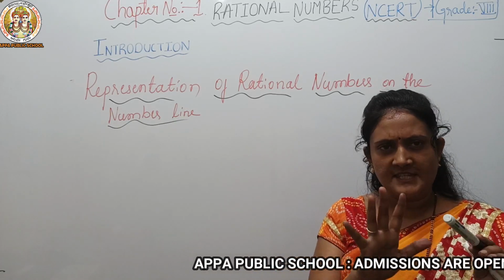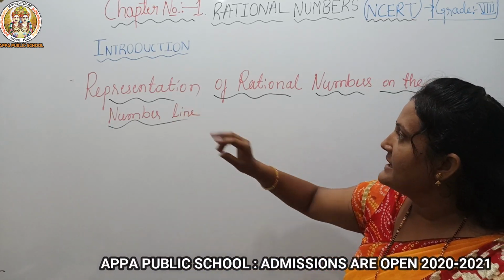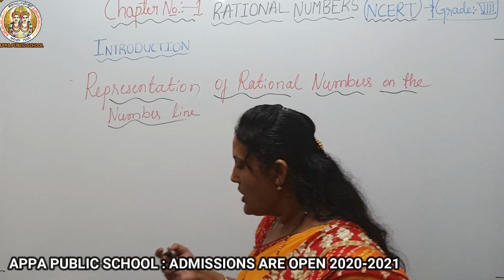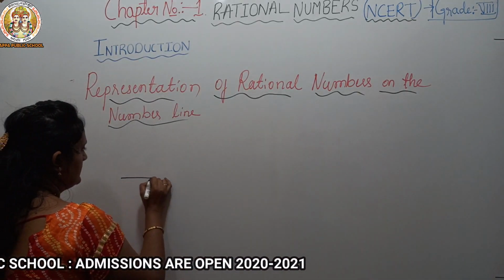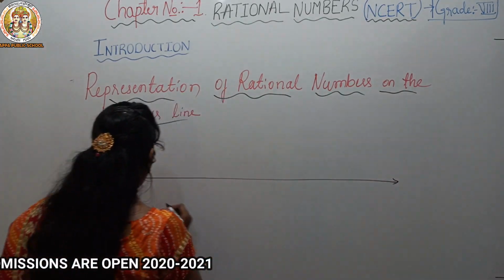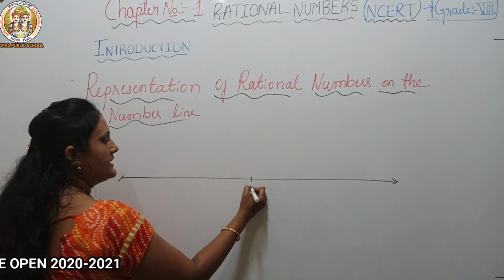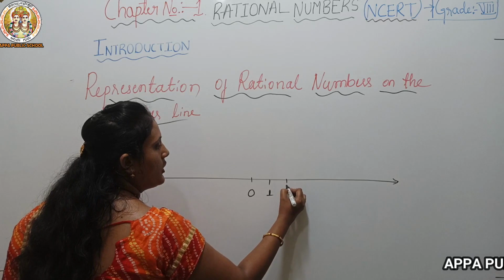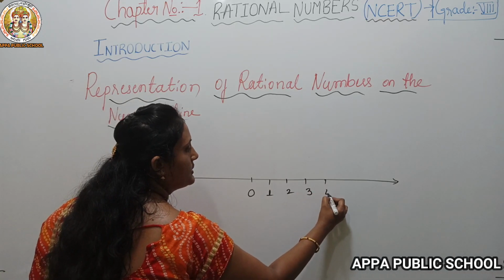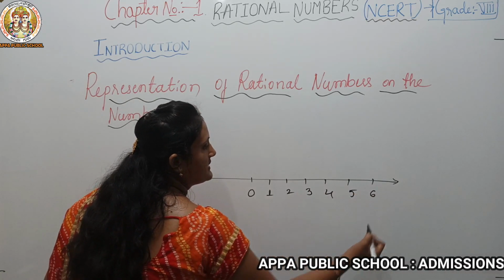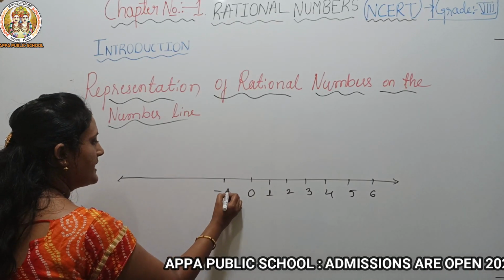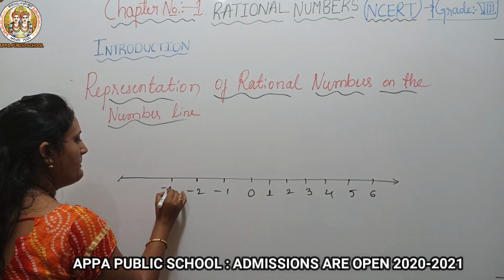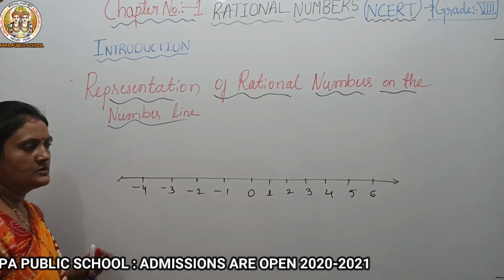In the same way, we'll represent rational numbers. How can we do it for a fraction? This is our number line. In the middle we take 0, and on the right side all positive numbers 1, 2, 3, 4, 5 and 6, and on the left side -1, -2, -3, -4, and so on.